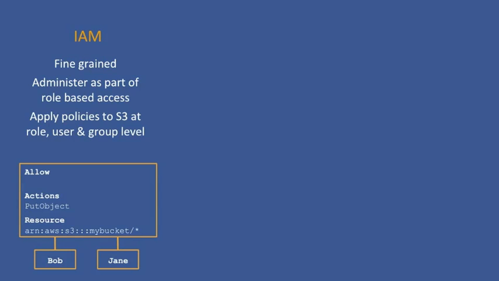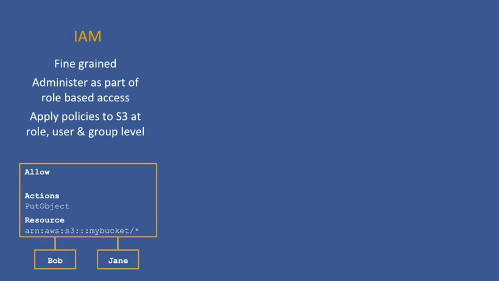Shown below, for example, I have an action that enables somebody to put an object into S3, and the resource that people are allowed to do this on, if they're assigned to this group, is my bucket and any object within my bucket. So that top box is the IAM policy, and then I can assign that policy to users.